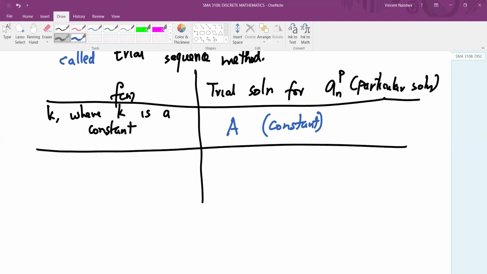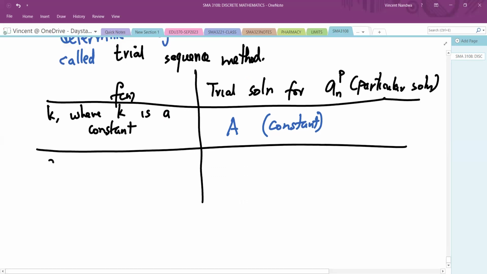Then f(n) can be a^n, where a is a constant but not a characteristic root.